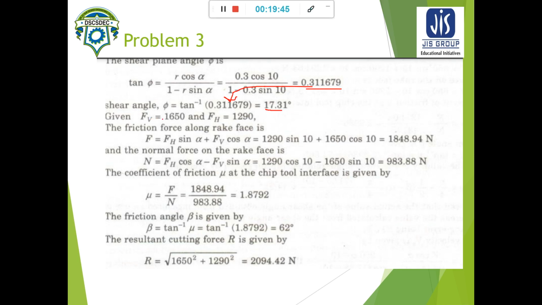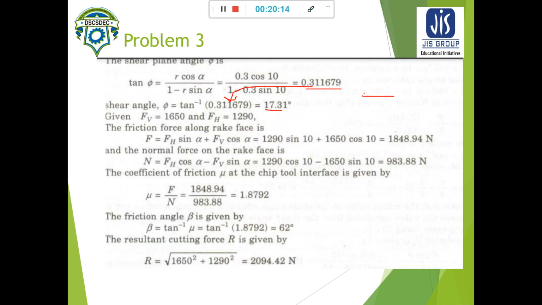Now the cutting force FV, or FC, and the thrust force FH are given. The friction force is FH sin alpha plus FV cos alpha. What is FH?